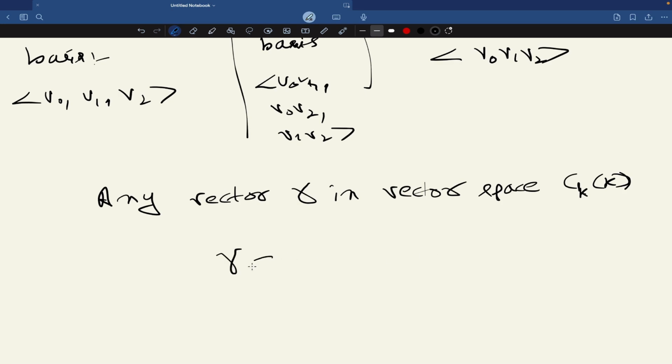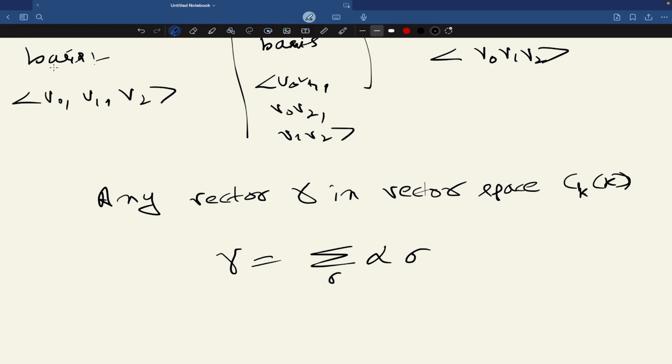So gamma will be equal to the summation of alpha sigma times sigma, where alpha denotes the coefficients, and I'm summing over all the k simplices sigma.